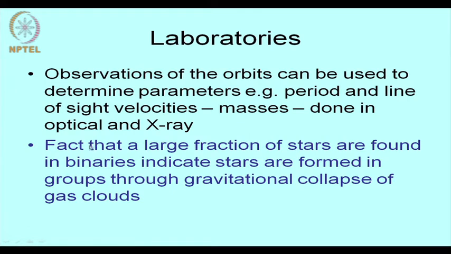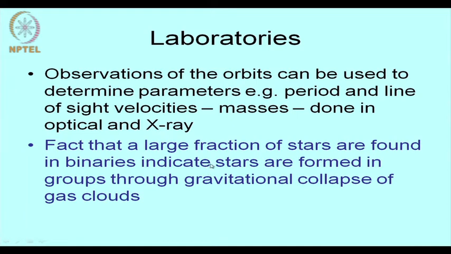The second thing that you can learn from binary systems is the fact that you have a large fraction of stars in binaries, and individual stars are rather rare. This is an indication that stars are formed in groups through the gravitational collapse of a gaseous cloud.